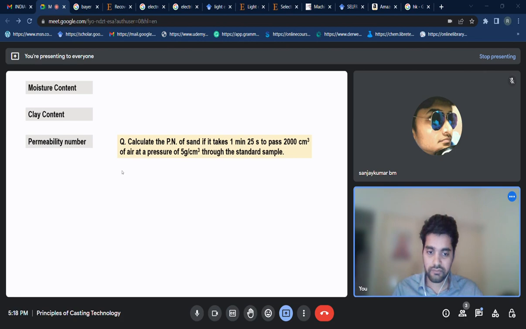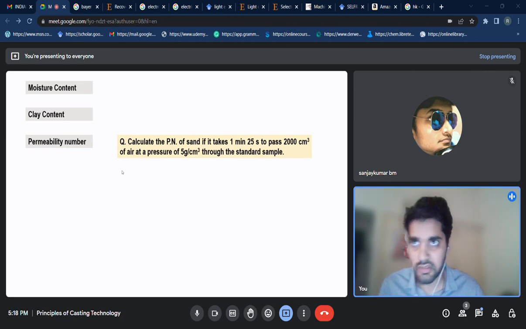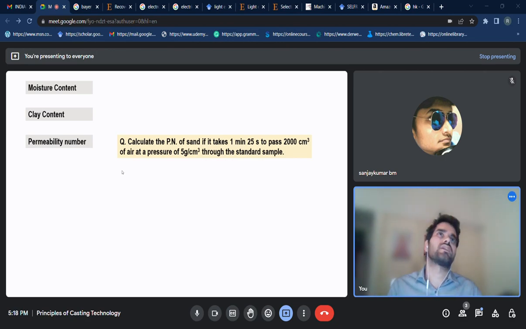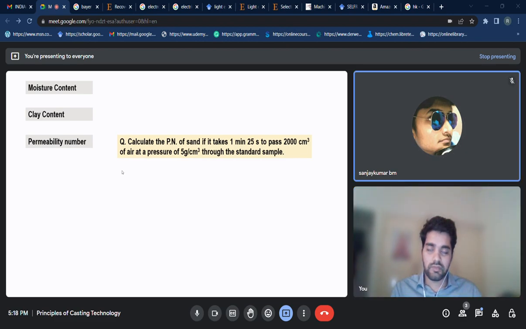the weight of a certain mold or material is 100 gram, and after heating it at 105 degrees centigrade, the weight got reduced to 98 gram.